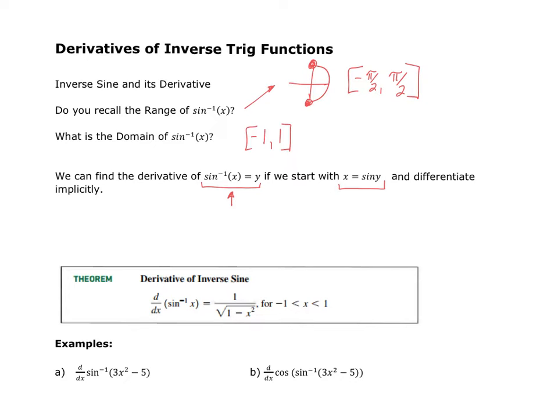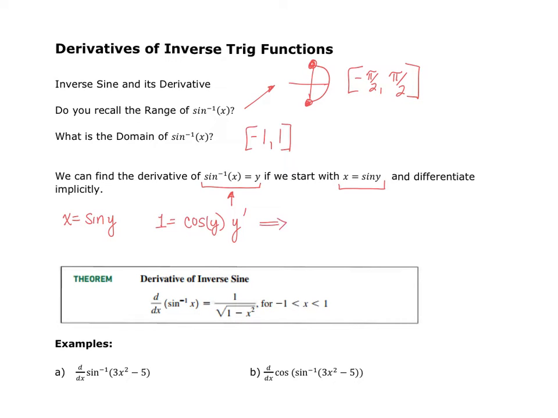So we're going to start with x equals sine y, and we're going to differentiate implicitly. The derivative of x with respect to x is 1, and the derivative of sine is cosine of y times y prime.